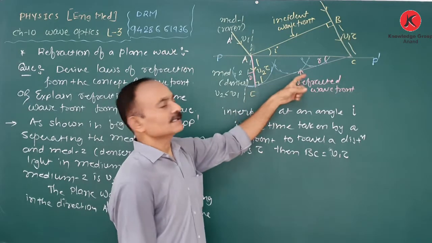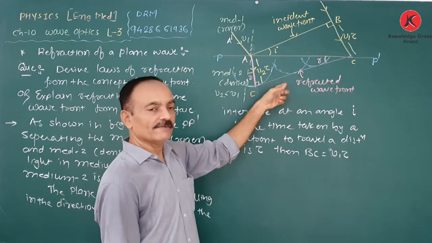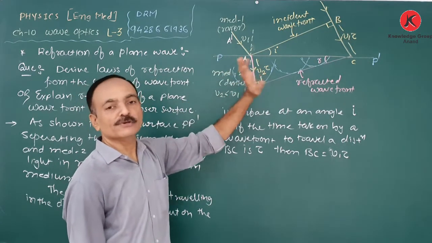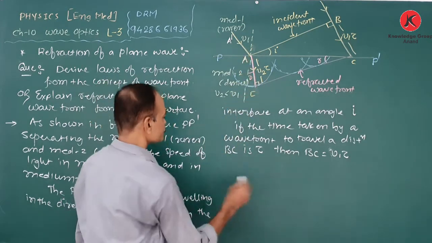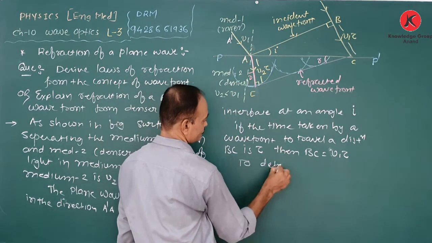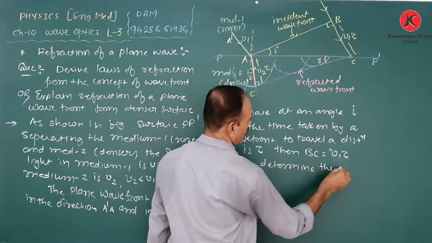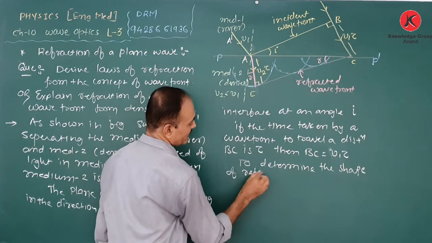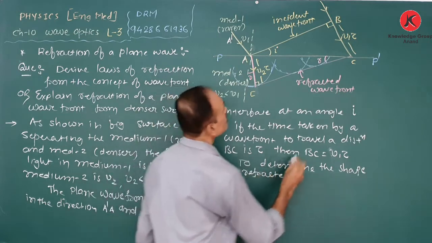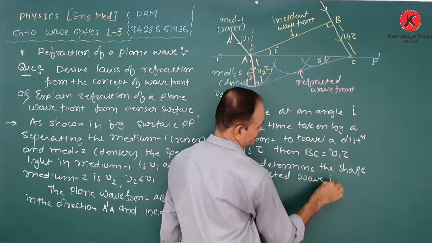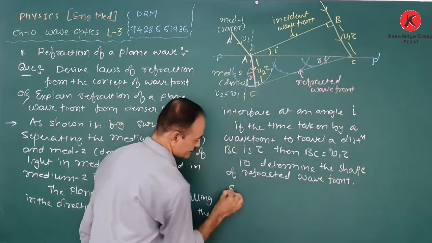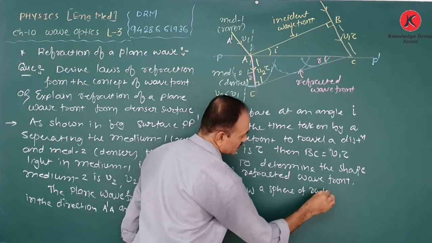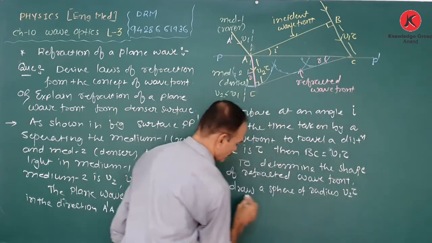Therefore, to determine the shape of the refracted wave front, draw a sphere from point A of radius v2 into tau.